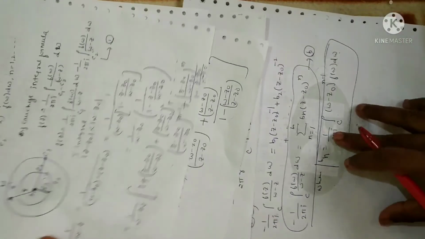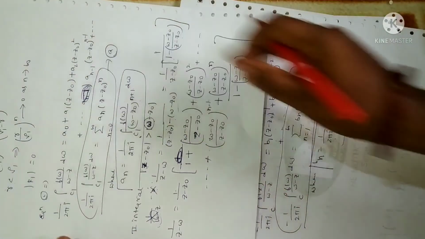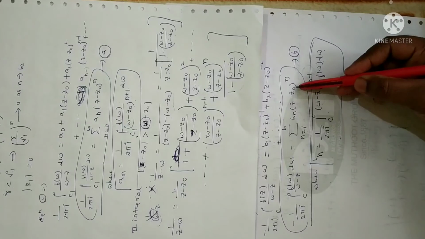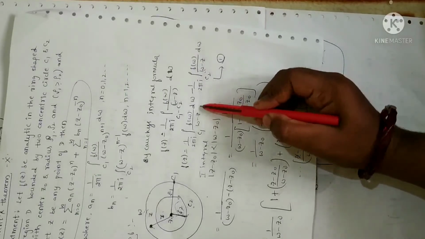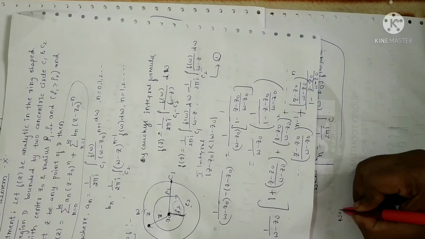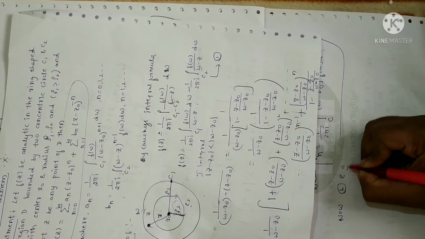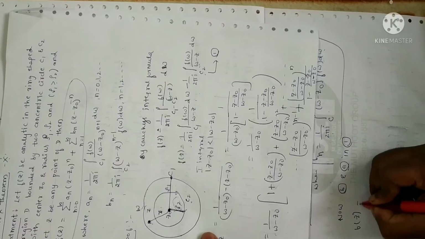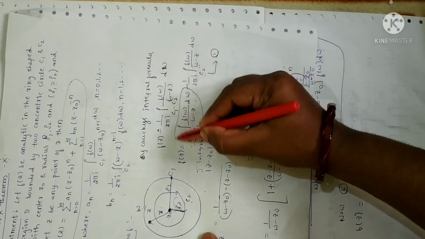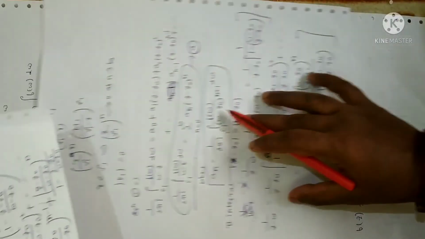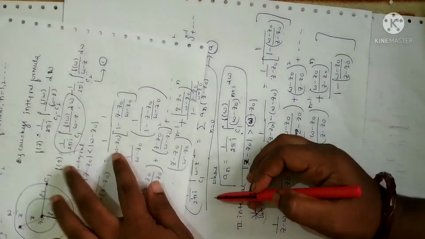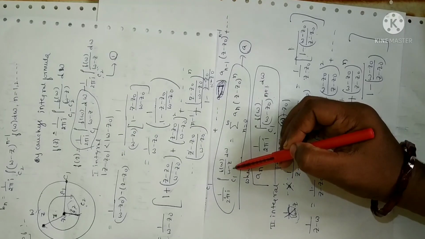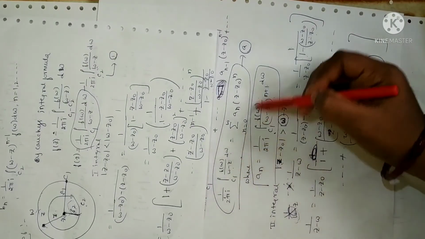Now I am going to substitute equation A and equation B in equation 1. So equation 1 is f of z is equal to, now look at the value of this expression. Equation A says that 1 by 2 pi i into f of w divided by w minus z into dw is this expression.